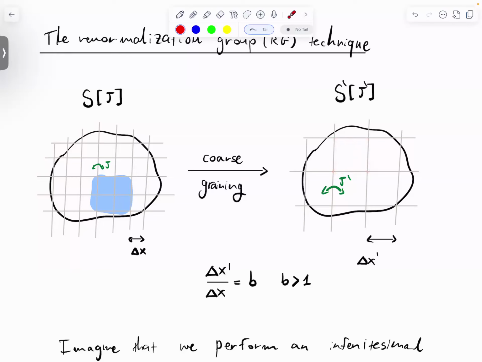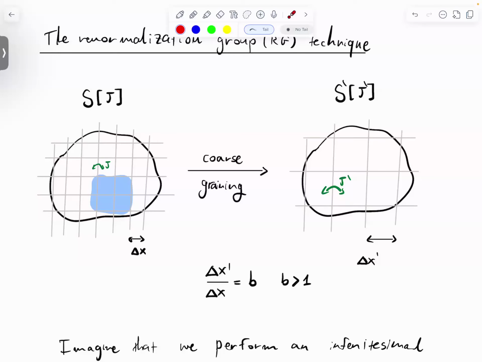Okay, so the philosophy behind it would be that at very long wavelengths, the low energy and long wavelength phenomena that you observe will be effectively controlled by these J primes, not by these J's.